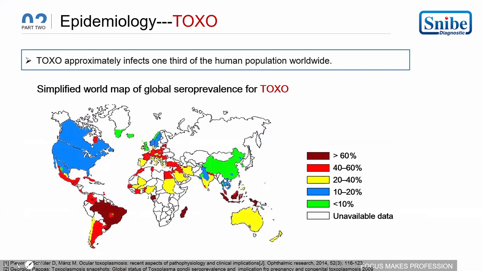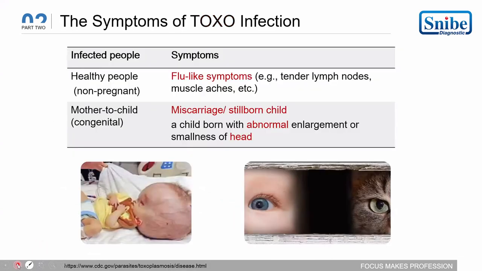So if we talk more about the symptoms of toxo infection, you can see here that healthy people, which includes non-pregnant women as well, have flu-like symptoms. Maybe they have some tender lymph nodes and muscle aches during this toxo infection. When a mother of childbearing age is infected, that may lead to a congenital disorder.